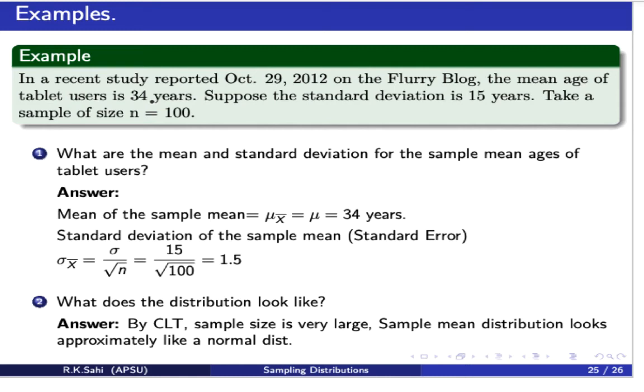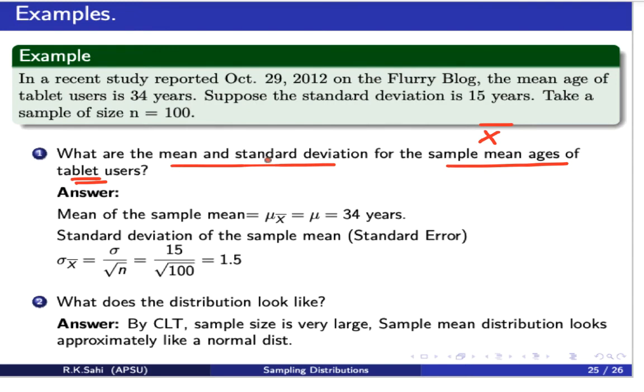Take a sample of size n equals 100. We would now like to find the mean and standard deviation for the sample mean ages of tablet users. The moment you see sample mean, you are talking of the sampling distribution of the sample mean.